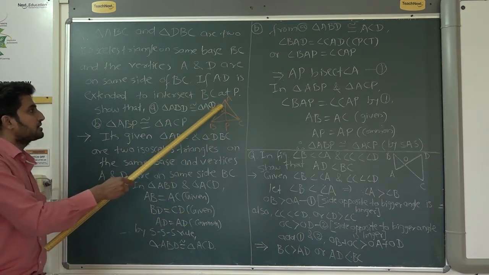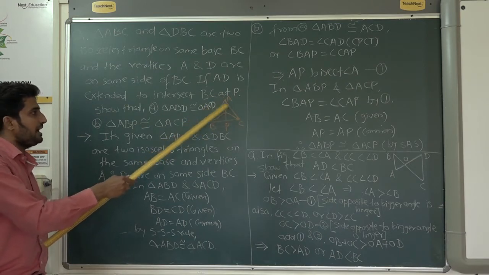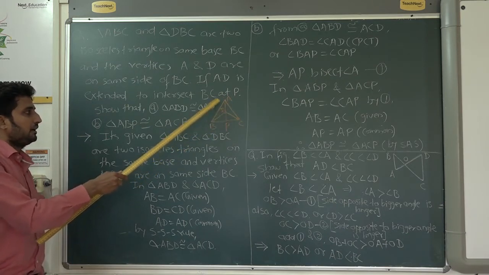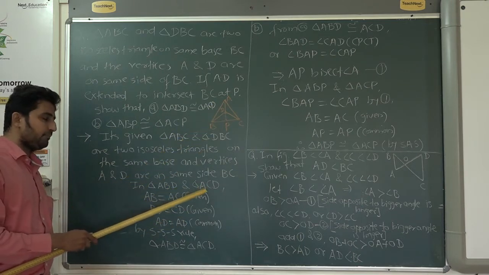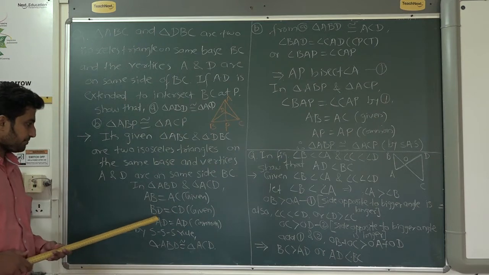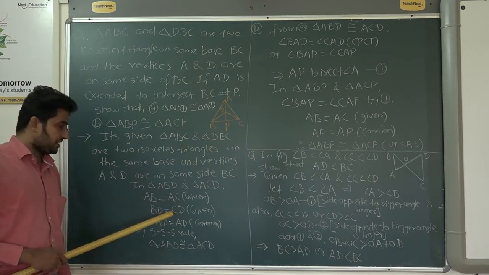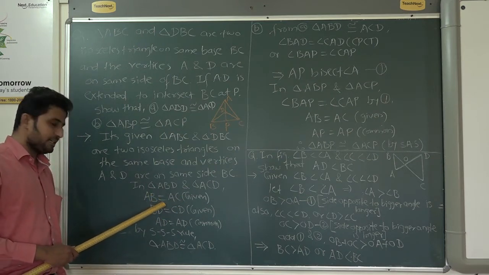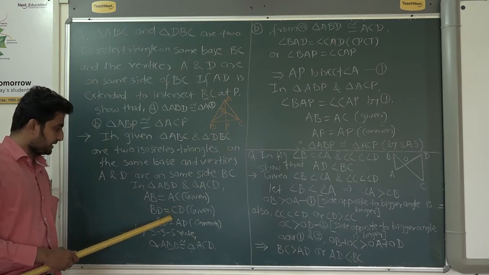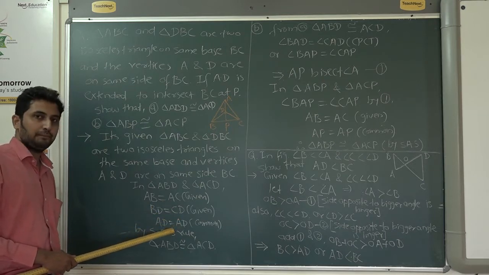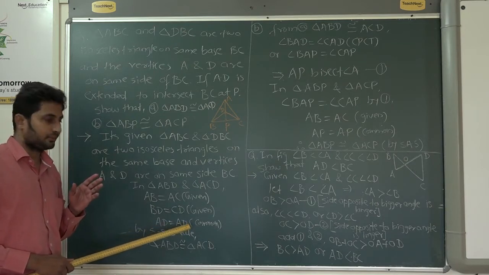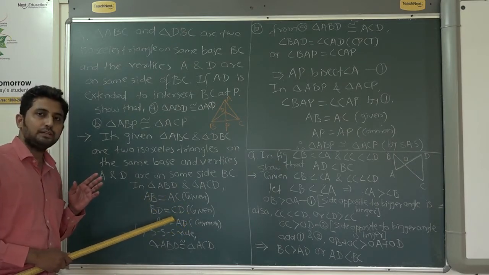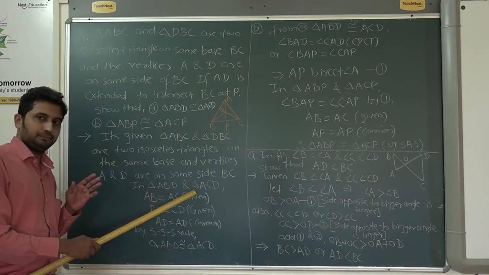And AD is common for both triangles ABD and ACD. Now my question here is, this is a side, this is a side, and this is also a side. So on the basis of what can we form the congruency between these two triangles?